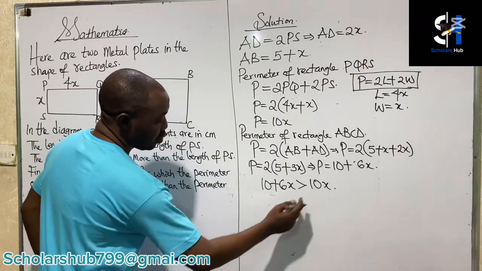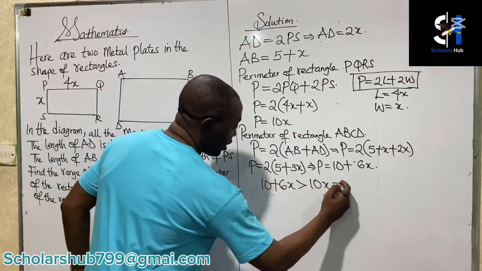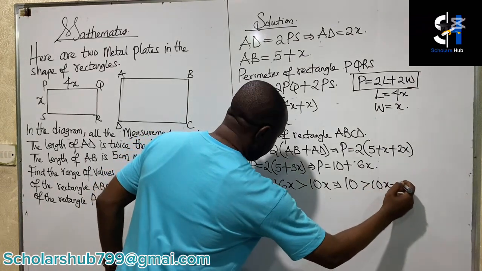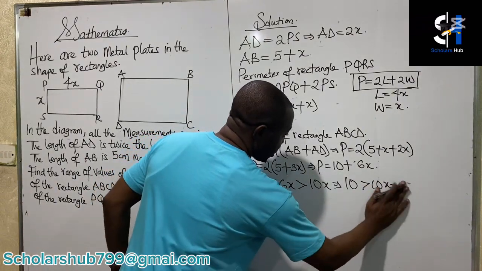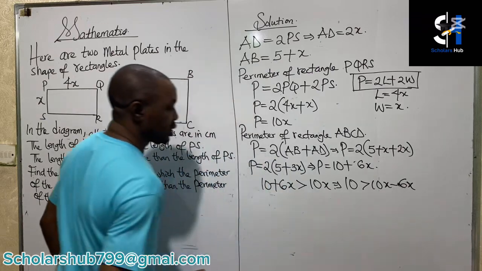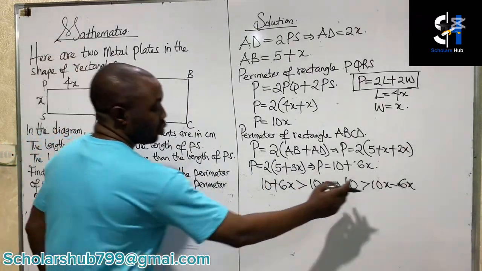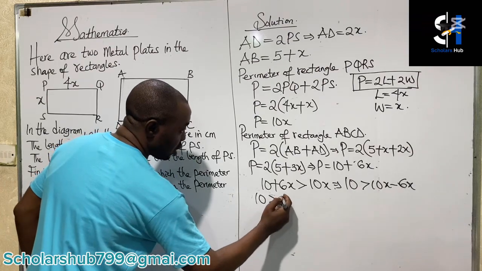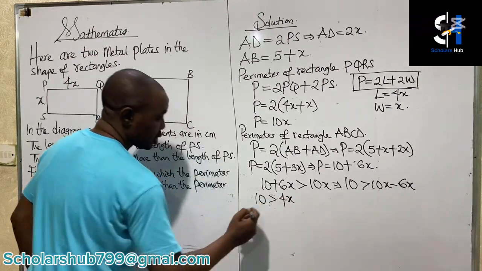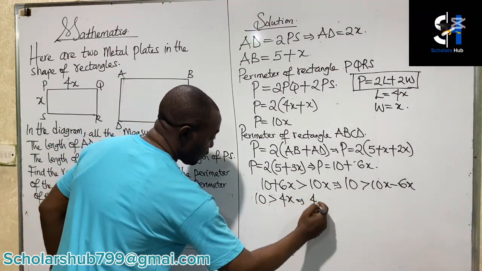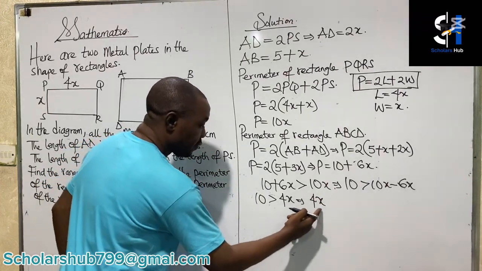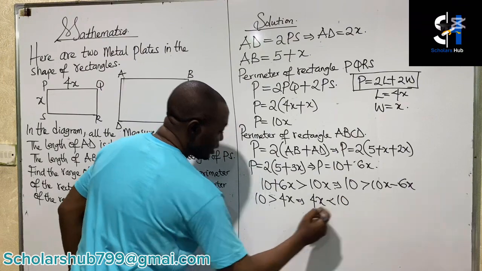In this case, we can then solve for the value of x. So this will be 10 greater than 10x minus 6x. So we have 10x minus 6x, that will be 4x. Now we can rewrite this: 10 greater than 4x, and that is 4x less than 10.